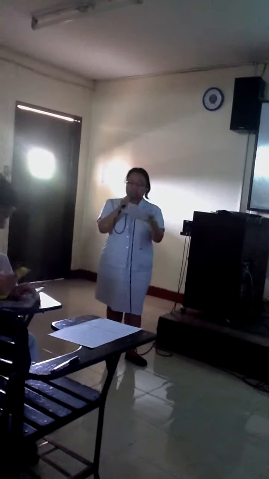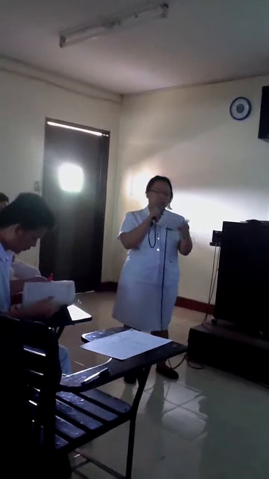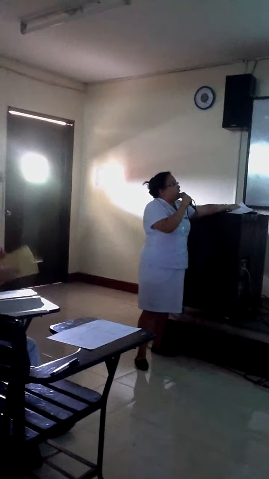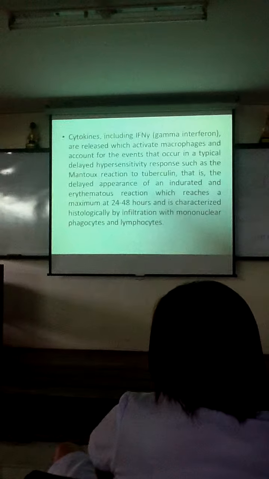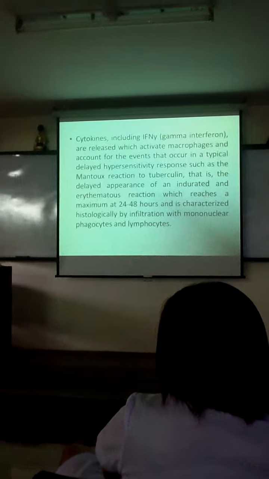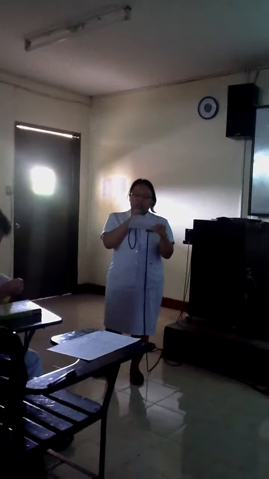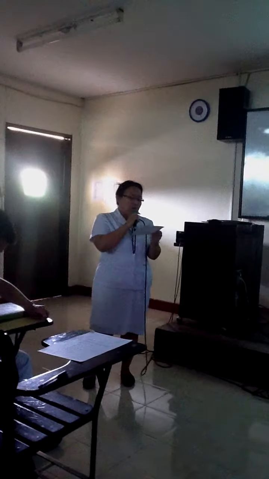It is an interaction of antigen with the primed or mature T cells and represents the damage resulting from inappropriate cell-mediated immunity reaction. During the Mantoux test, the cytokines and the gamma interferons activate the macrophage, and therefore it will appear as indurated or hardened and erythematous, which is red, appearing 24 to 48 hours after the Mantoux test.